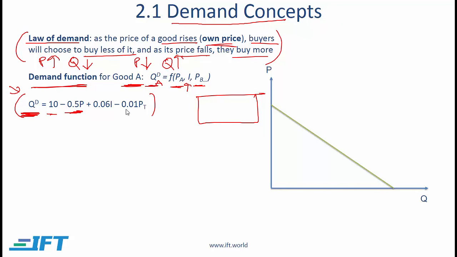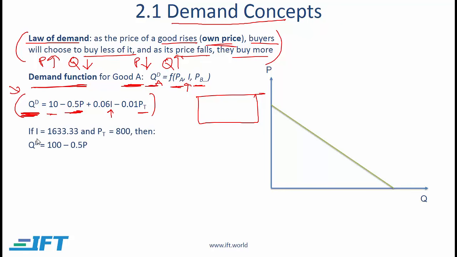But we are saying that the quantity demanded also depends on the income level. So this I represents the average income level in this town, and the quantity demanded for chairs also depends on the price of tables. So this is the average price level for tables in this particular town.